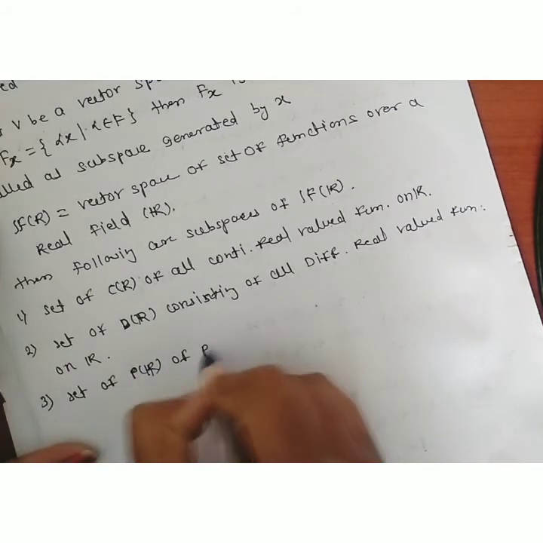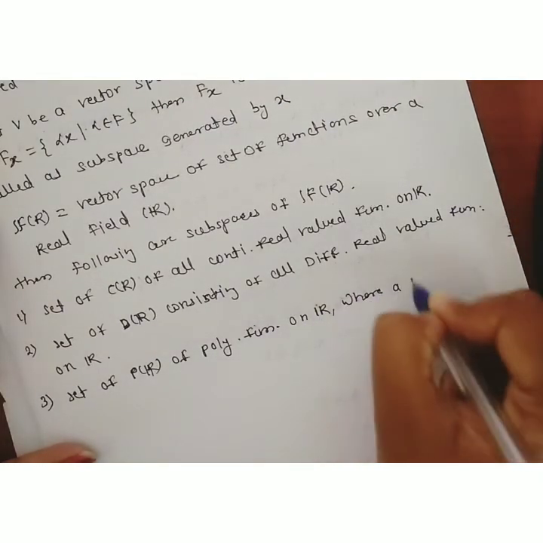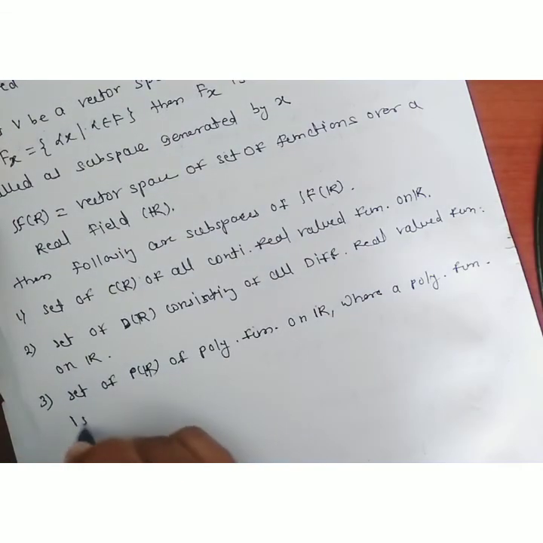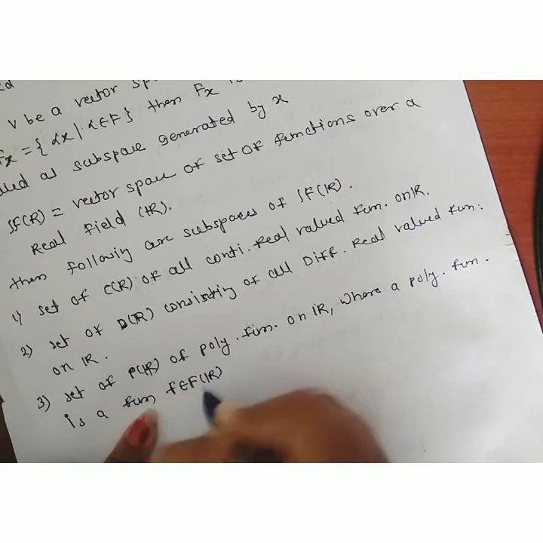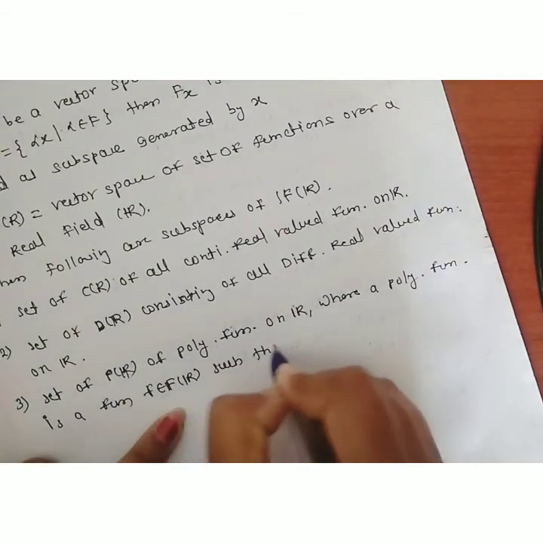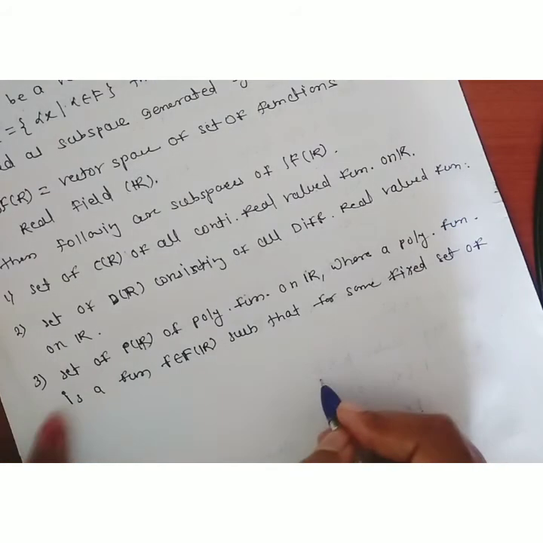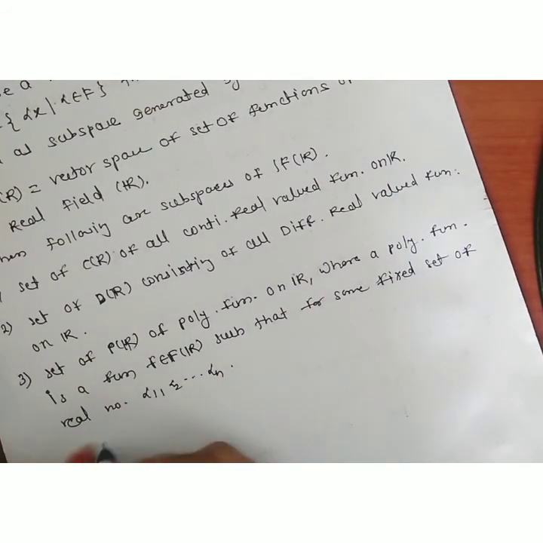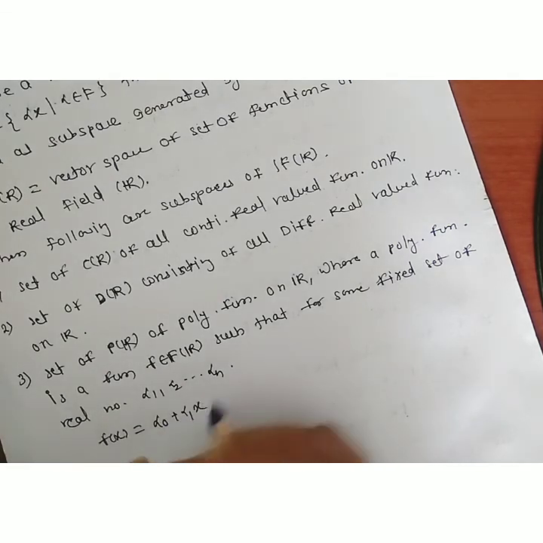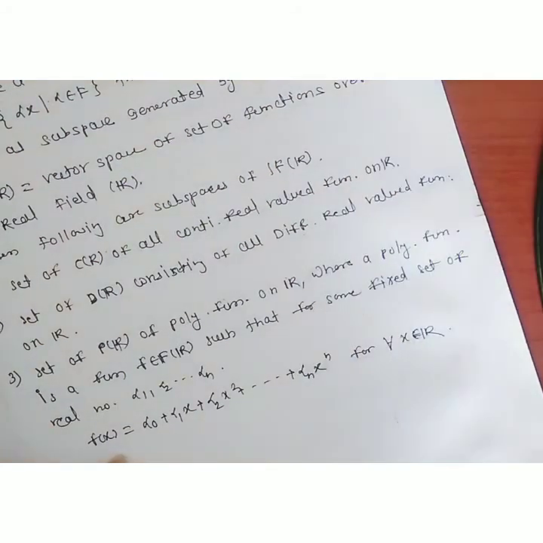It is the set of polynomial functions on R, where a polynomial function is a function f belonging to F over R, such that for some fixed set of real numbers alpha 0, alpha 1, alpha 2, up to alpha n, f(x) is equal to alpha 0 plus alpha 1 x plus alpha 2 x squared up to alpha n x to the power n, for all x belonging to R.